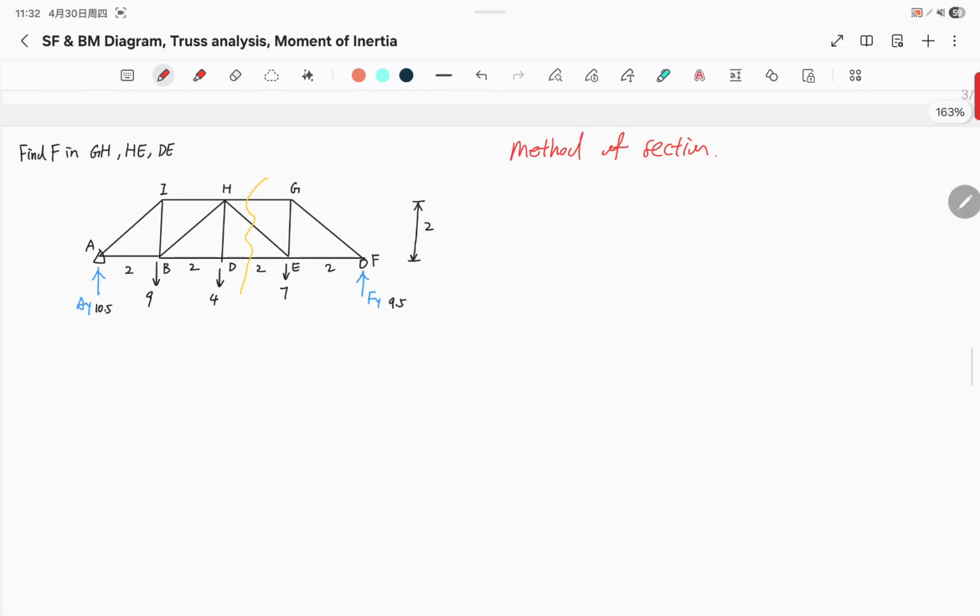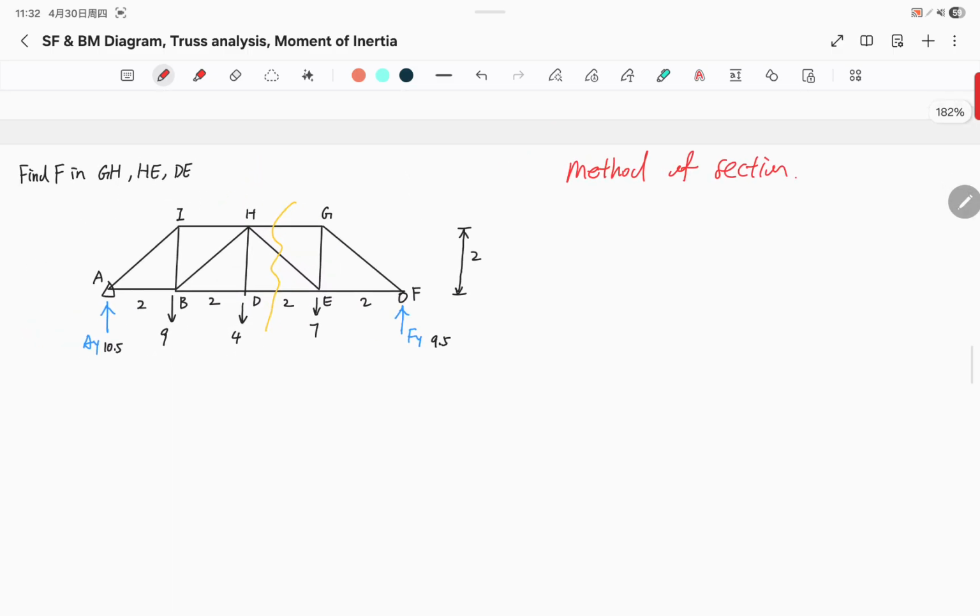Now we're gonna look at the method of sections, which means you make a cut. We are gonna look at the force in GH, HE, and DE, and that's why I make a cut here right in the middle.